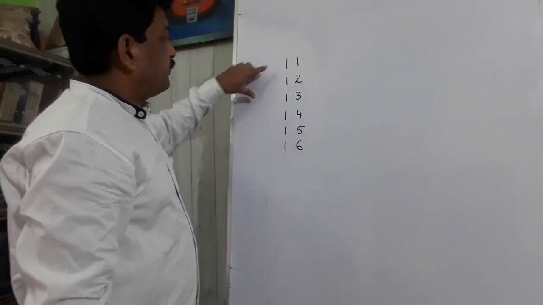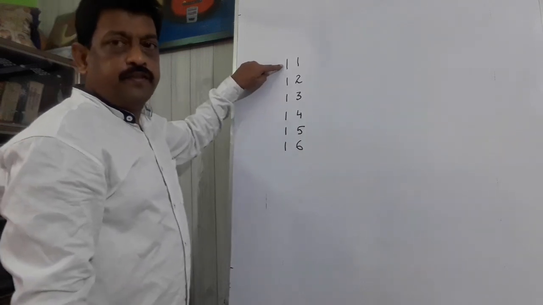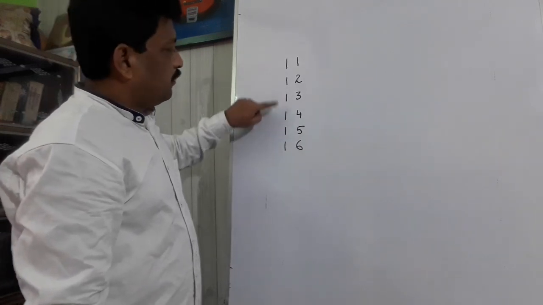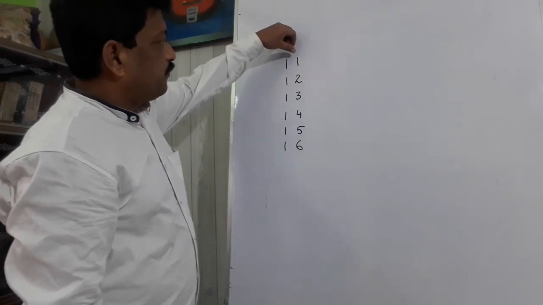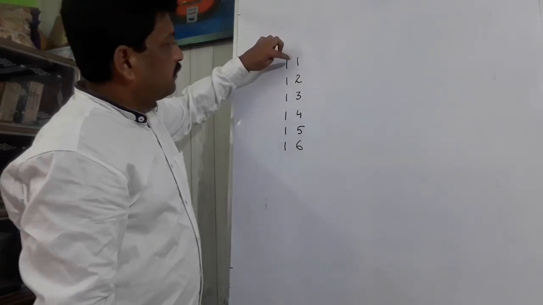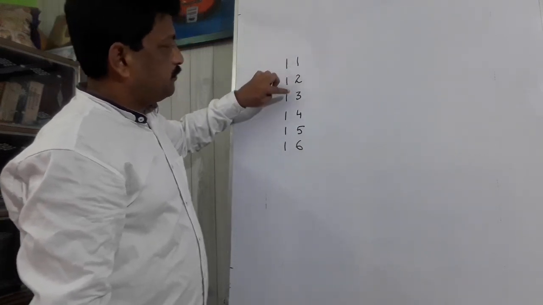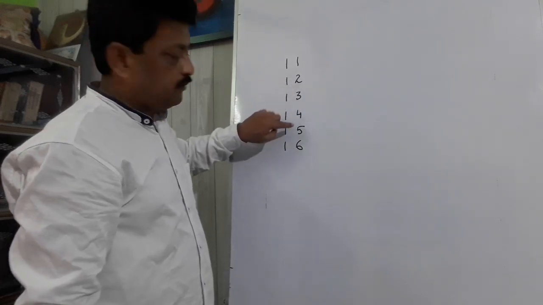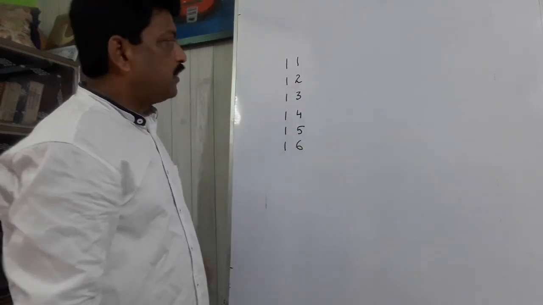Means on the top face of the first die, it can be 1 in all the 6 cases, and on the top face of the second die, it can be 1, or 2, or 3, or 4, or 5, or 6.